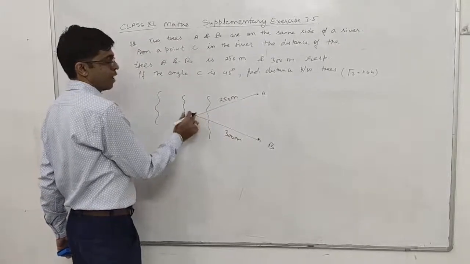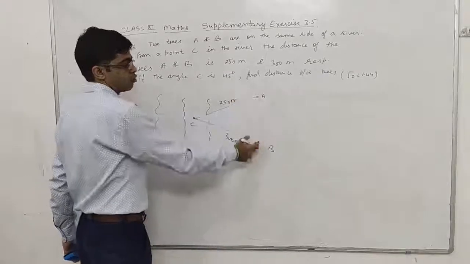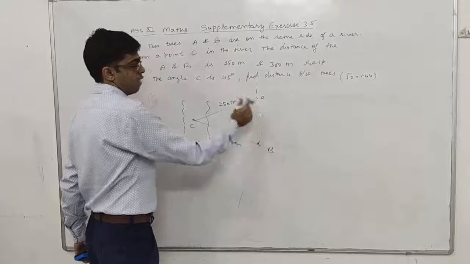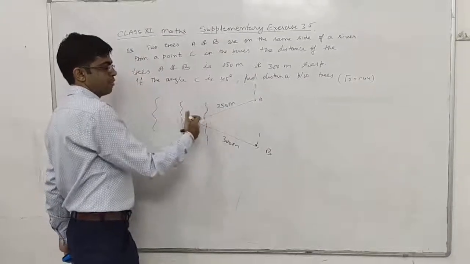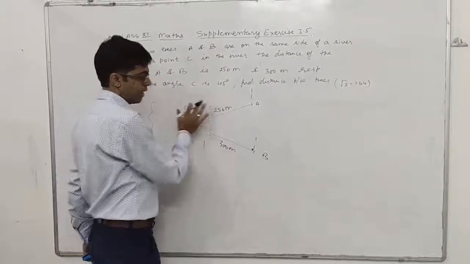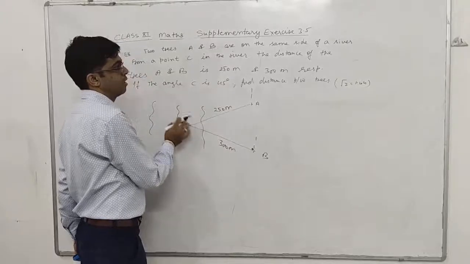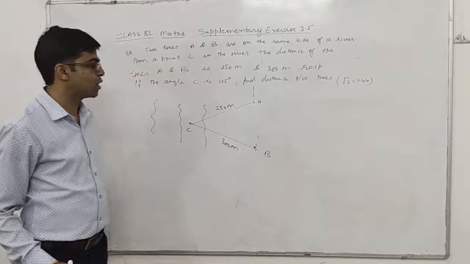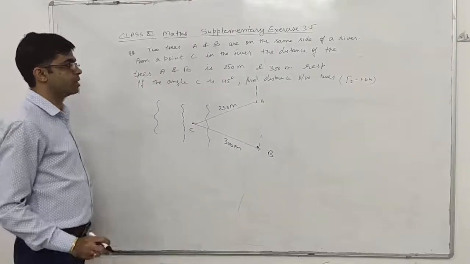This is the point inside the river, and these two points are the trees, and the distances from the point C are given as 250 and 300 meter respectively.